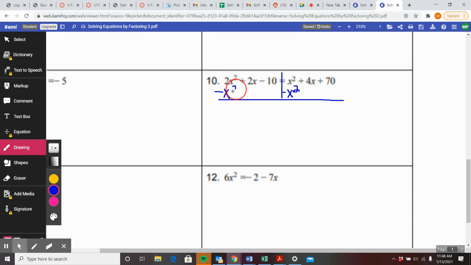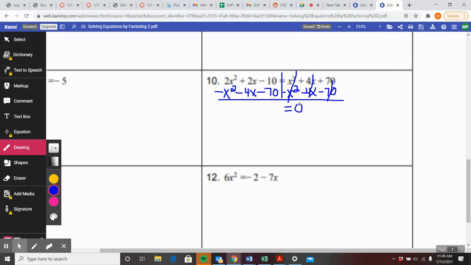So I'm going to subtract it from the x squared, like terms. This is a positive 4x, so how do you move it? Subtract it. This is a positive 70, so how do I move it to the other side? I subtract it. Okay, so I'm done with these. I've set this side equal to 0.